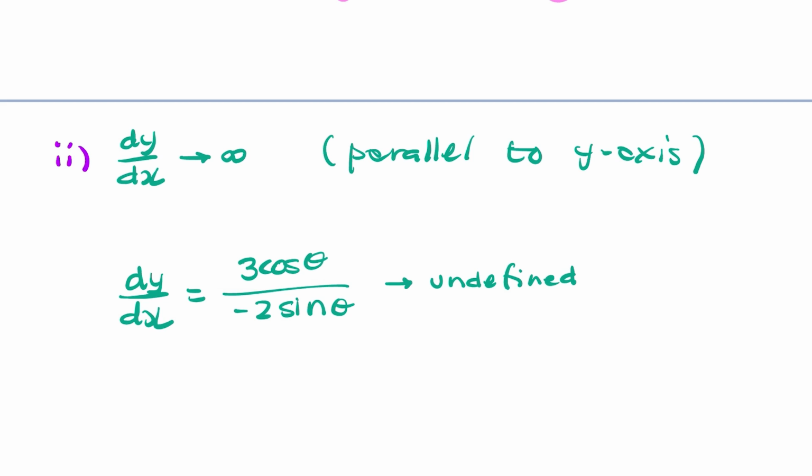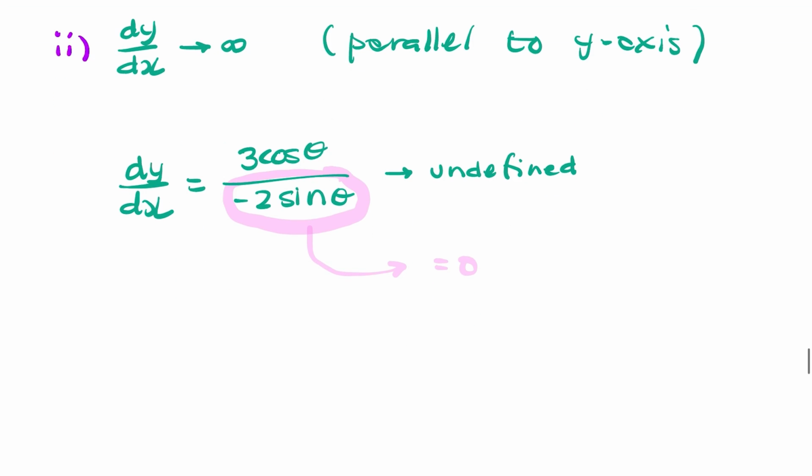And when you have a fraction, for it to be undefined, then the denominator has to be 0. So it's something divided by 0 that makes it undefined. So we're going to say minus 2 sine theta is equal to 0, and then we'll solve to find theta.